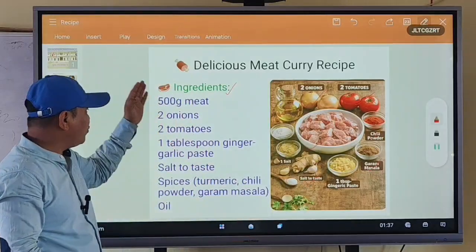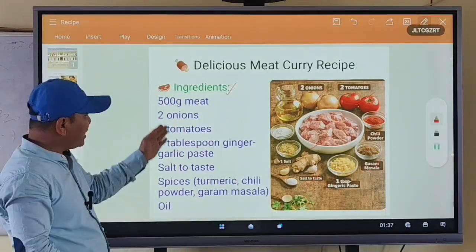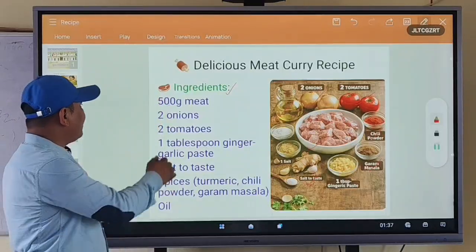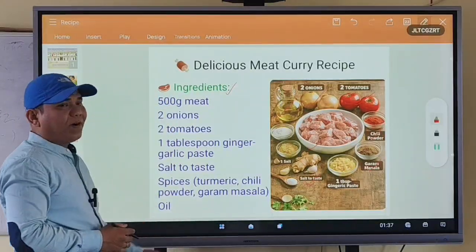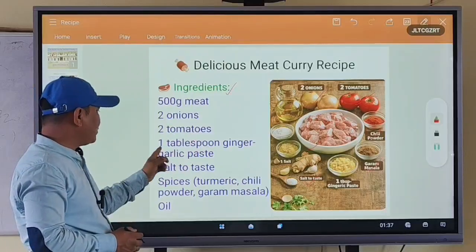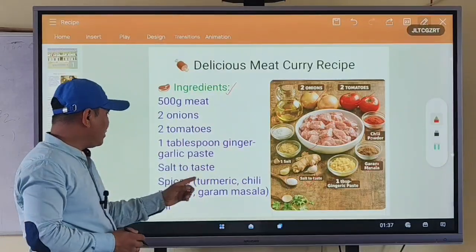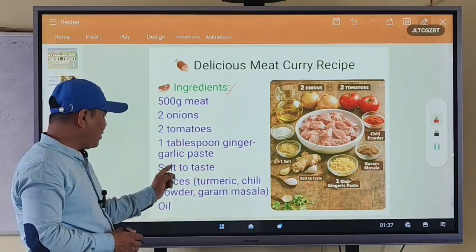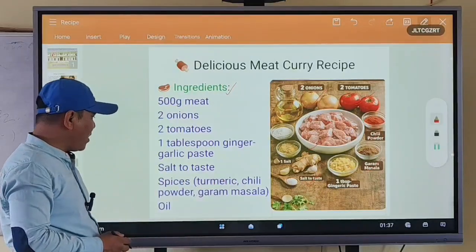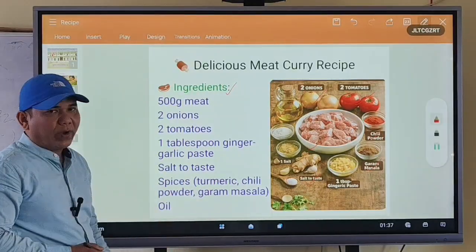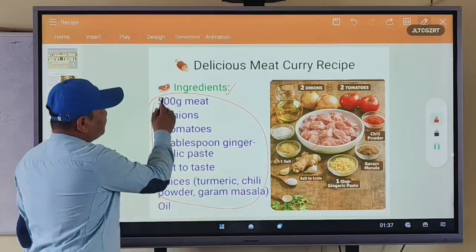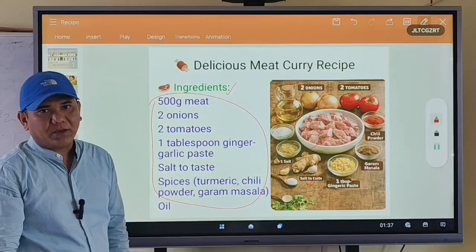First of all, you have to write the ingredients. Like I have mentioned here: 500 gram meat, 2 onions, 2 tomatoes, 2 tablespoons ginger garlic paste, salt to taste, spices like turmeric, chili powder, garam masala. These are the ingredients to cook meat curry.